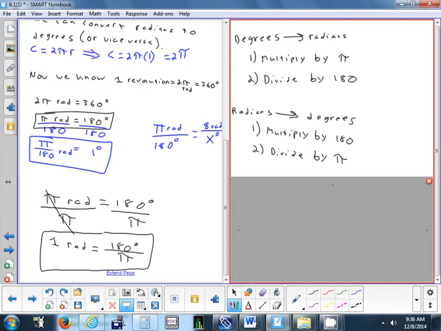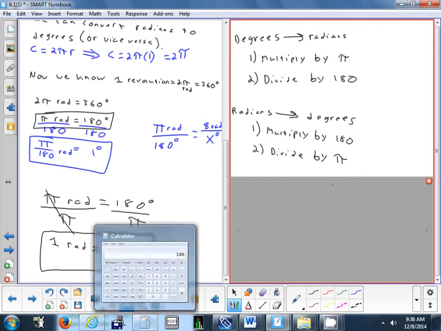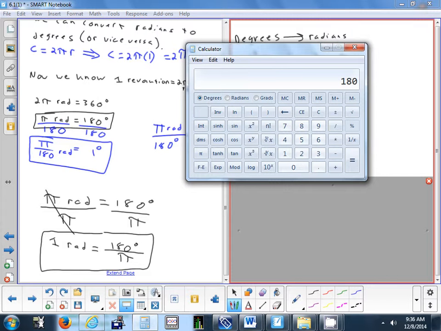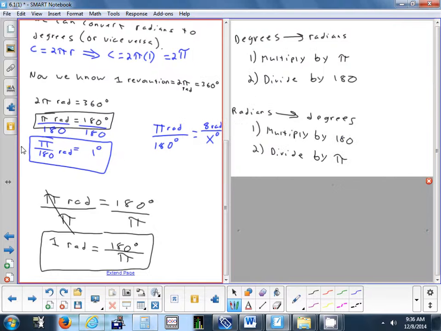So now if you wanted to get an idea of how big is a radian, take 180 divided by pi, and that'll tell you how many degrees it is. It's about 57.3 degrees.